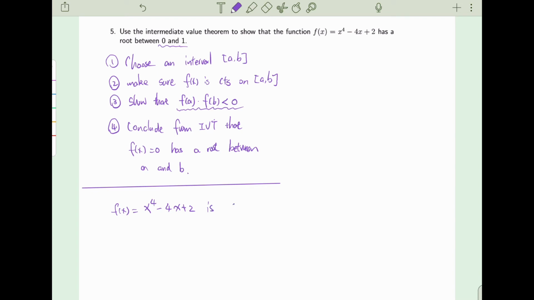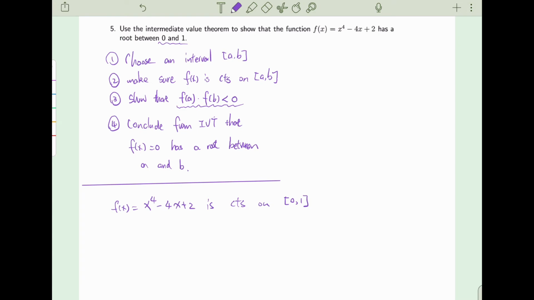It's continuous on [0, 1]. You must mention this because that is the very first assumption of using the intermediate value theorem. Without this, you're going to be taking some points off. So you must mention this before you use the intermediate value theorem. So this theorem applies.